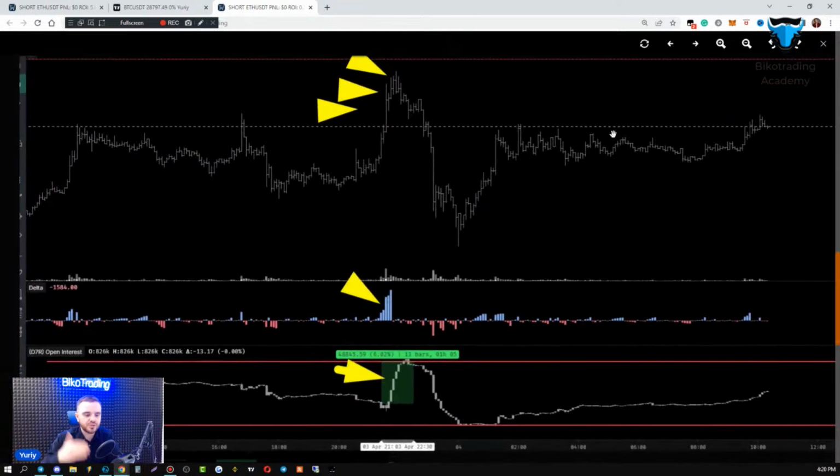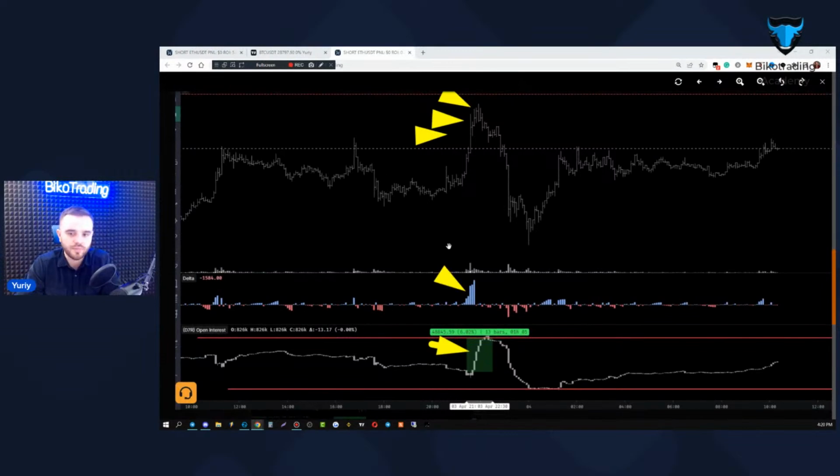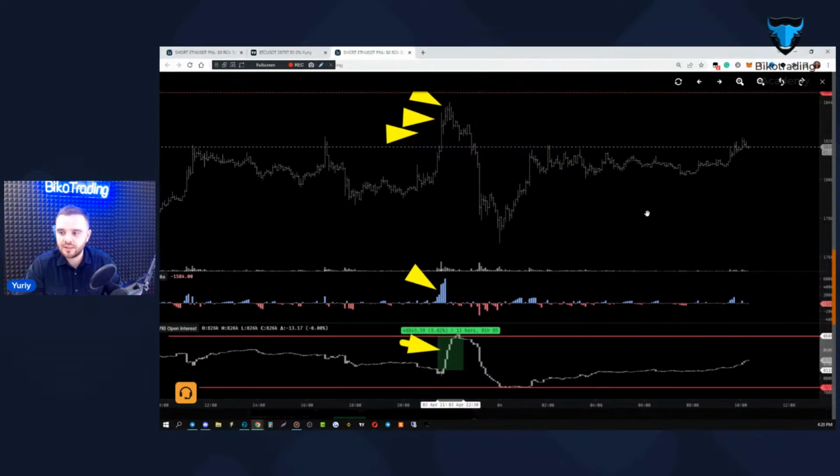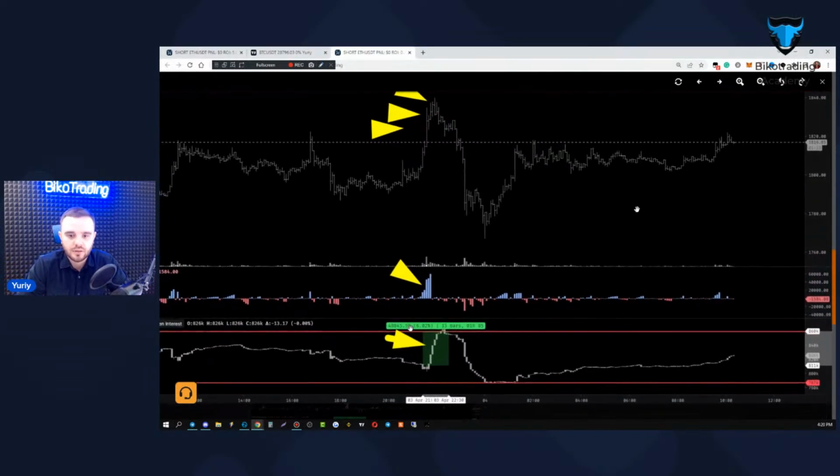Have a look. Delta and cumulative delta are nearly the same. I highly recommend you use them together. Have a look at this delta. Pay attention. Super positive delta, while open interest increased a lot, and super positive delta exactly here.